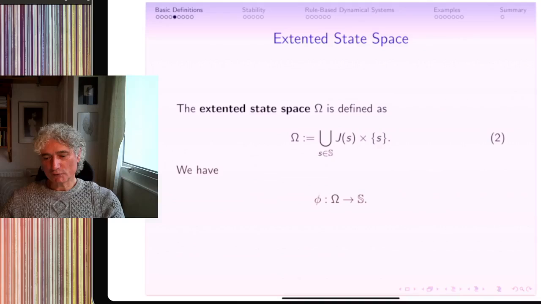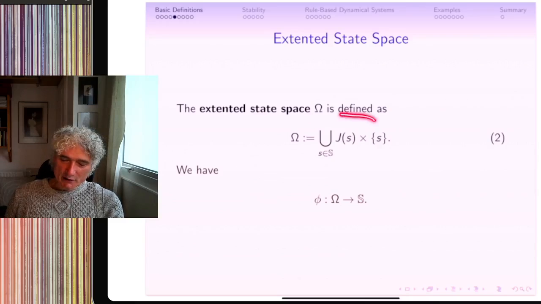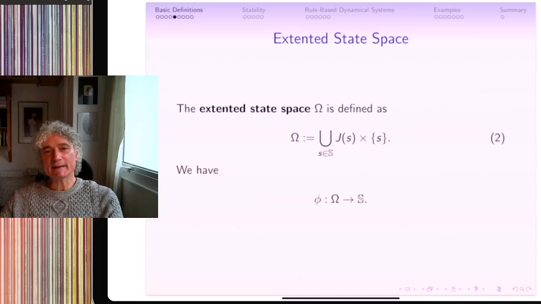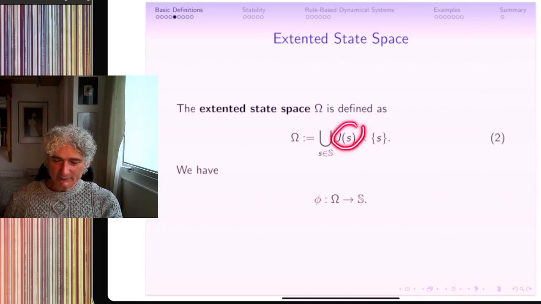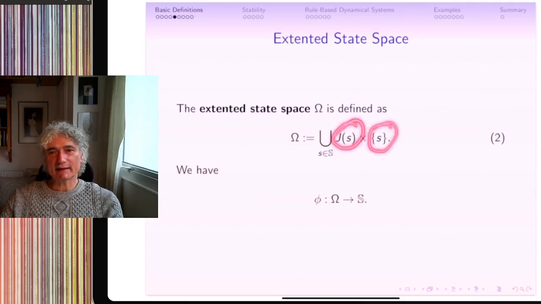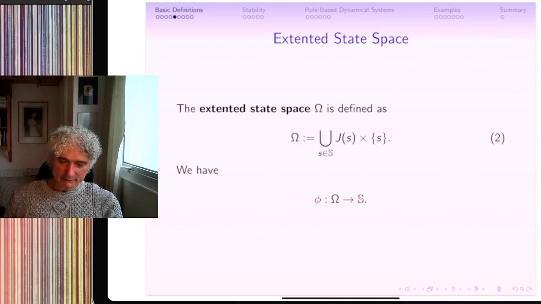This is usually denoted by omega, and this is just the union over all elements in the state space of the existence times of the element itself. And then we can see that this operator phi is actually a mapping from this extended state space omega into the state space S.